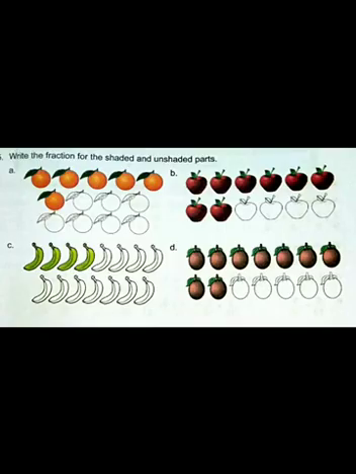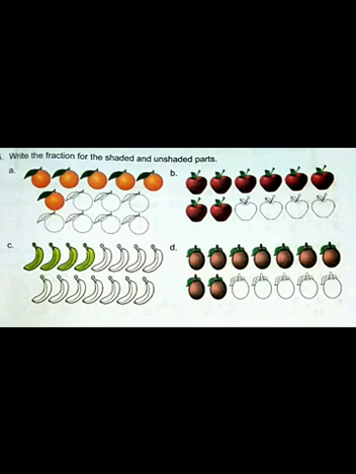Question number 5, write the fraction for the shaded and unshaded parts. Let's count. Question number A, 1, 2, 3, 4, 5, 6, 7, 8, 9, 10, 11, 12, 13. We have 13 figures.